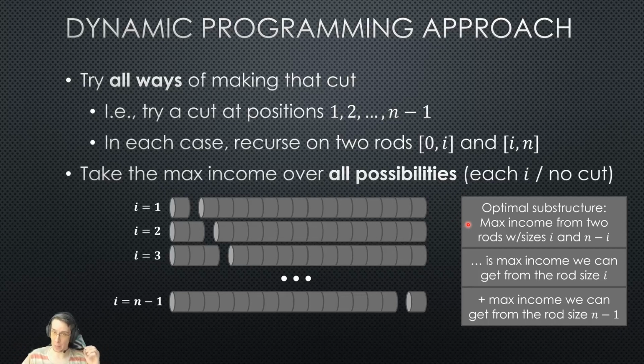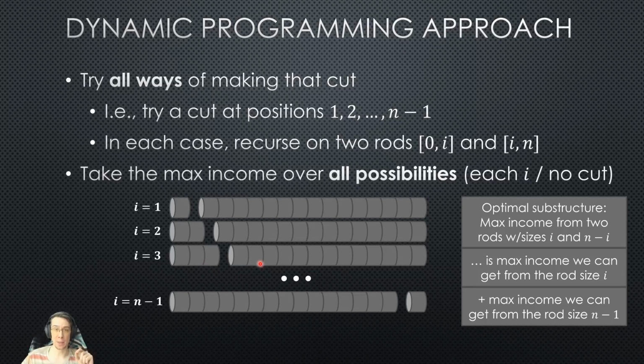So, what do we mean by this problem exhibiting optimal substructure? Well, the maximum income that we can get from two rods with sizes I and n minus I is the maximum income we can get from the rod of size I plus the maximum income we can get from the rod of size n minus I. Okay?